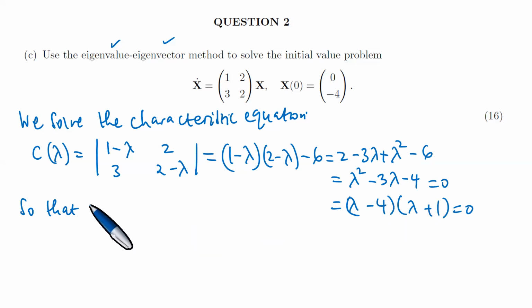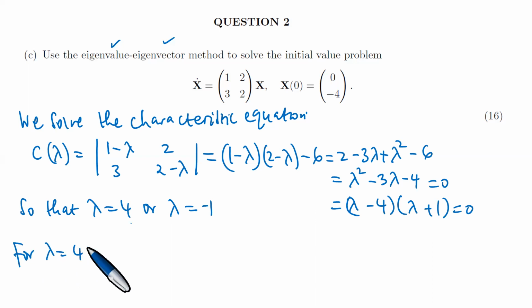From this, we get that lambda is 4, or lambda is minus 1. For lambda equals 4, these are the eigenvalues. So we need to find the eigenvectors.